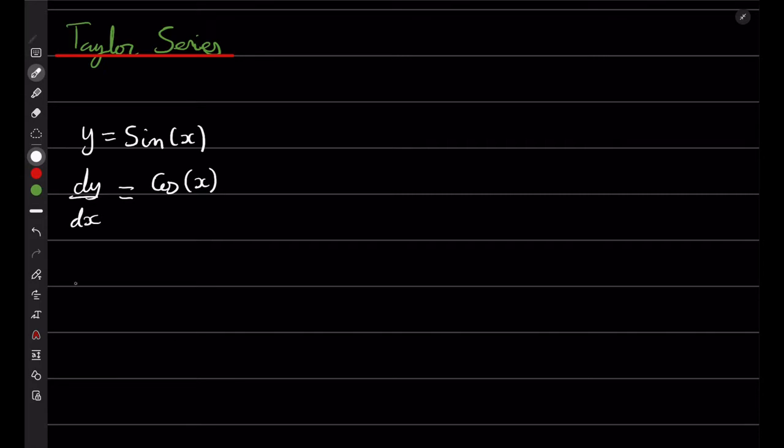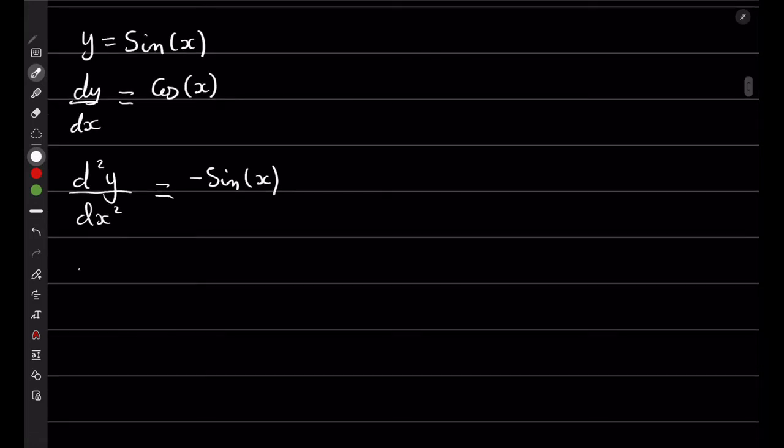The second rate of change, d squared y over dx squared, is equal to the differentiation of cos, which is negative sine x.